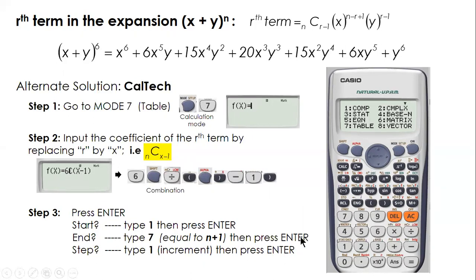And then enter or simply equal sign. And then step is 1. Increment. Increase by 1. First term, second term, third term, fourth term. And then after you press the equal sign or enter, this is the display.